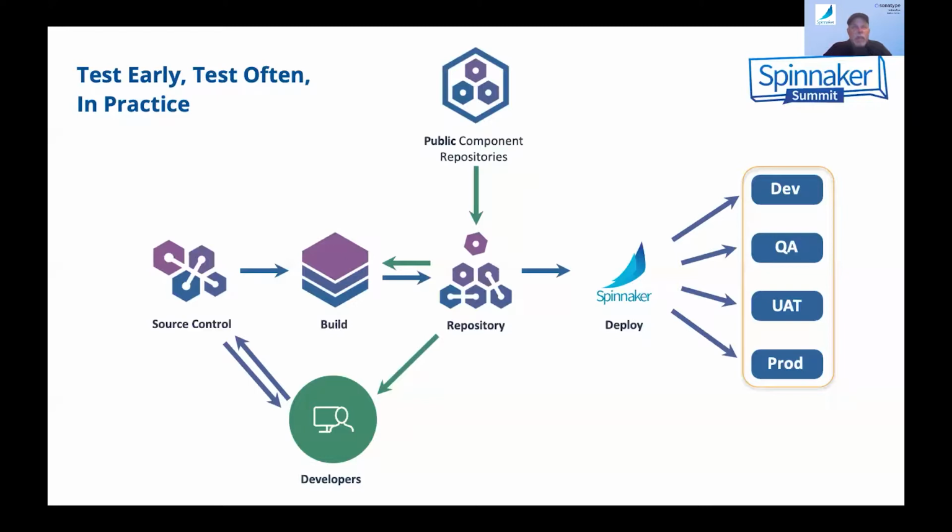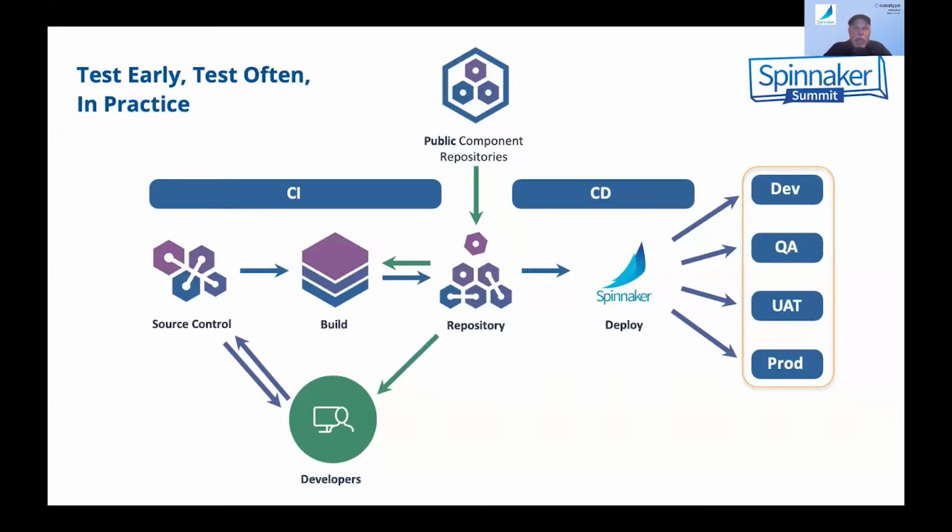So in terms of applying the policies, this is what we have available. As I had mentioned, we have our continuous integration that takes place on the build side of the house. And then we also have our continuous deployment that takes place on the deploy side of the house, if you will. So one of the best practices that we can take into account is being able to block any bad components from coming in from the outside world.